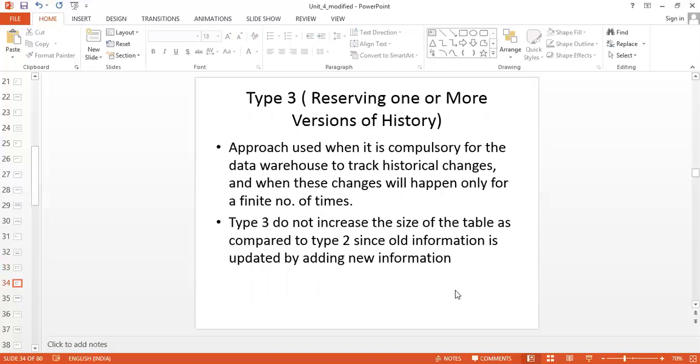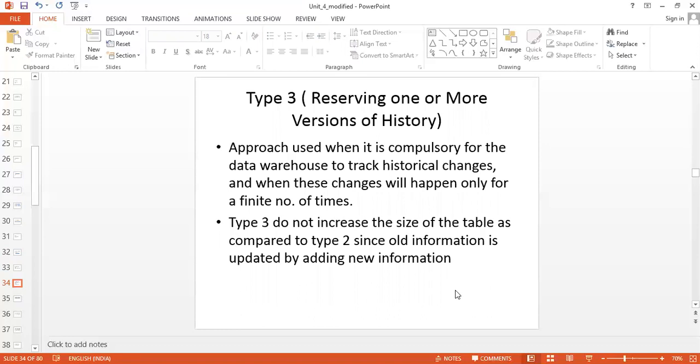Then we have type 3, preserving one or more versions of the history. This approach is mainly used when you have a finite number of changes. Suppose a company has decided that it will transfer a particular sales representative only 4 times a year, not more than 4 transfers.